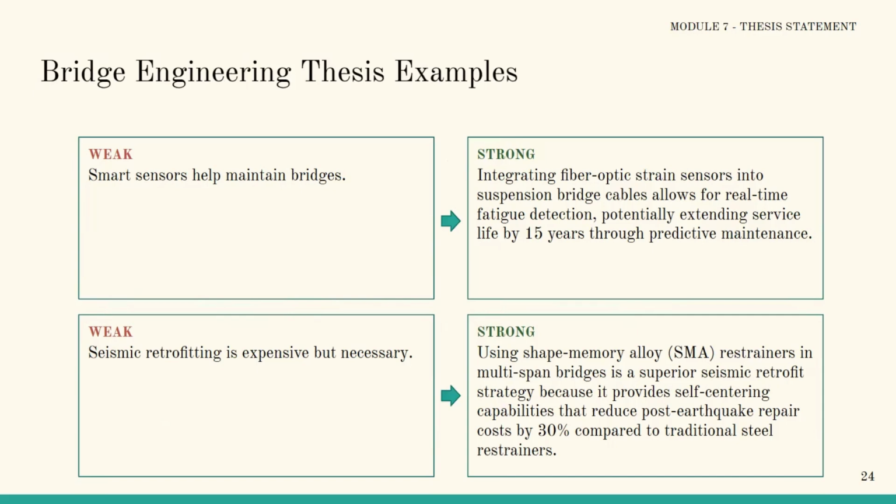A good thesis statement could be: using shape memory alloy restrainers in multi-span bridges is a superior seismic retrofit strategy because it provides self-centering capabilities that reduce post-earthquake repair cost by 30% compared to traditional steel restrainers. So that's a clear and bold thesis statement.